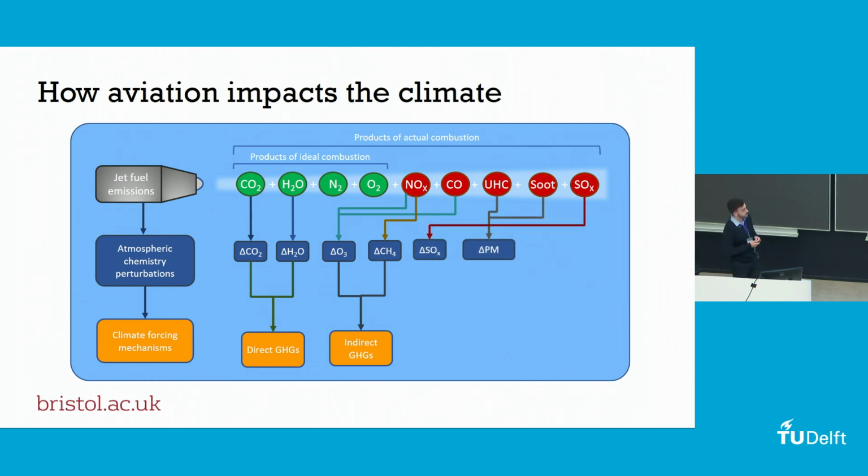Next, we have the emission of particles. So we got hydrocarbons, soot, and sulfur oxides, which increase the level of particles in the atmosphere, resulting in climate change through the aerosol effect.